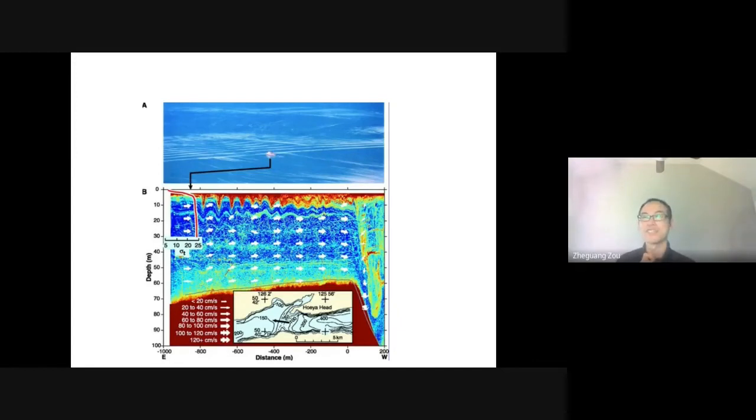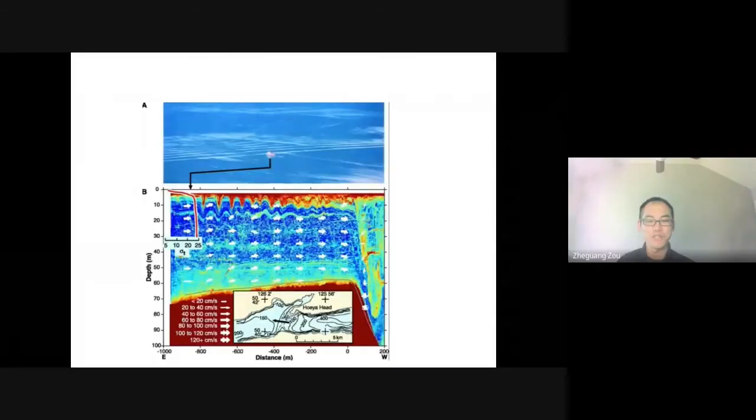The other reason is that acoustic people care about internal waves because, if they're doing an underwater survey, they are very interested in how internal waves will affect sound propagation in the water.